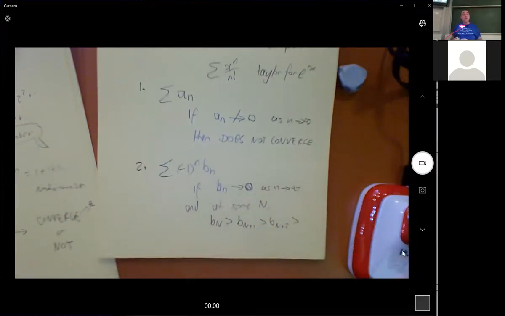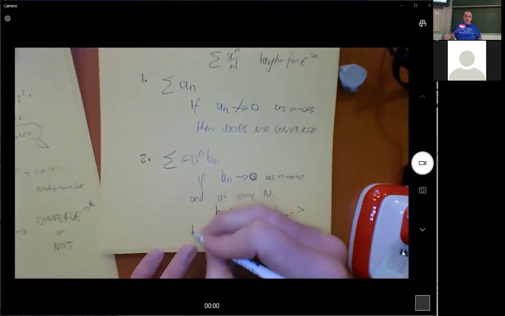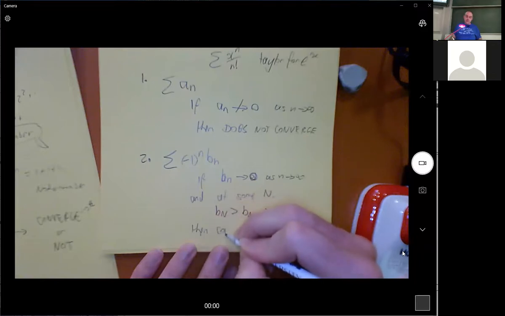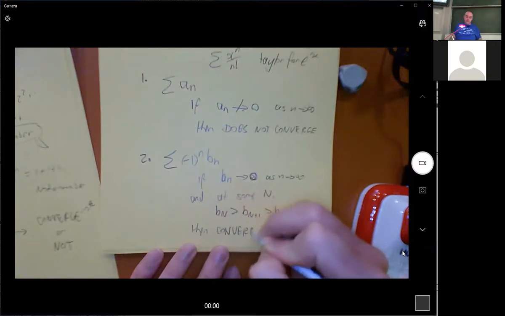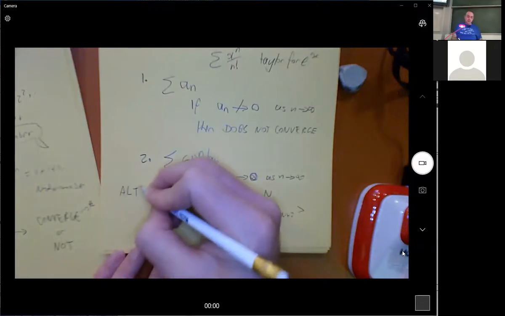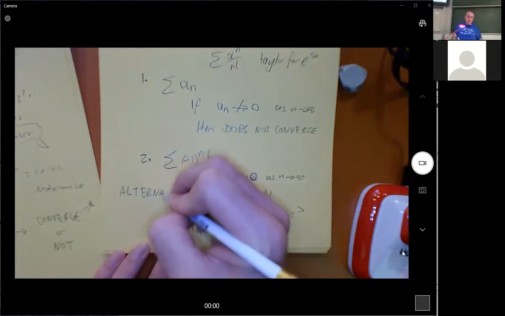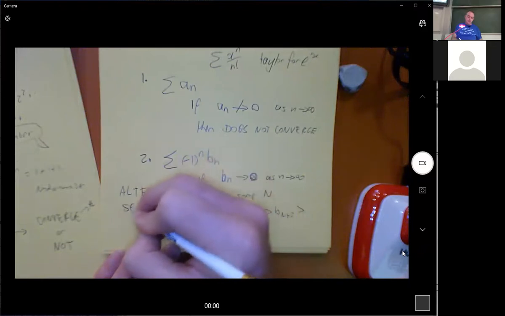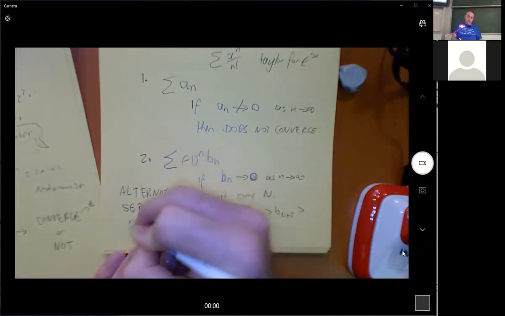It's decreasing. Each term is smaller than the one before it, then it converges. And this is called the alternating series test.